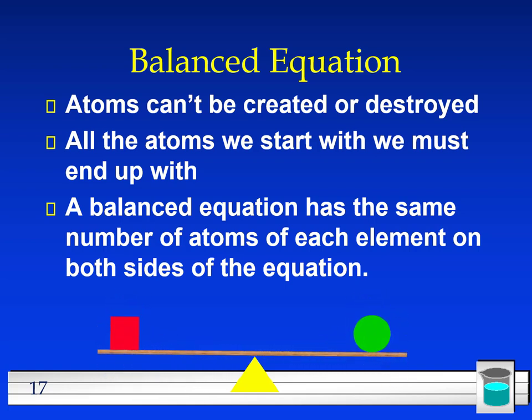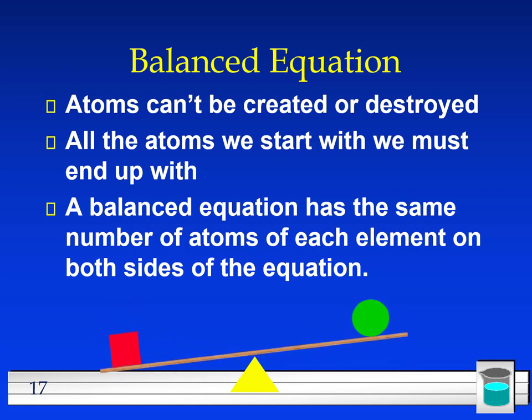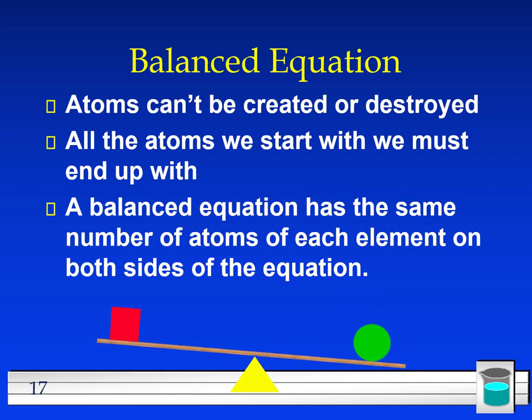So they each have to equal each other, but they don't all have to equal each other. Every carbon atom I start with, I have to finish up with. Every hydrogen atom I start with, I have to end up with. So I have to keep track of how many atoms. And the computer did that for us when you did it. It kept track of it. It said, hey, it's balanced. It's not balanced.